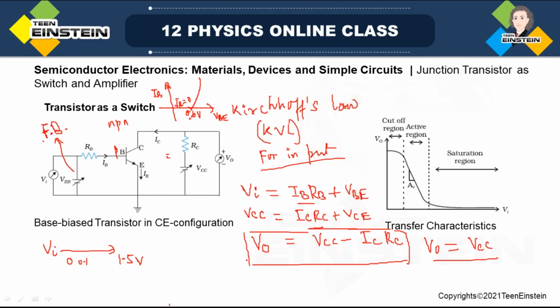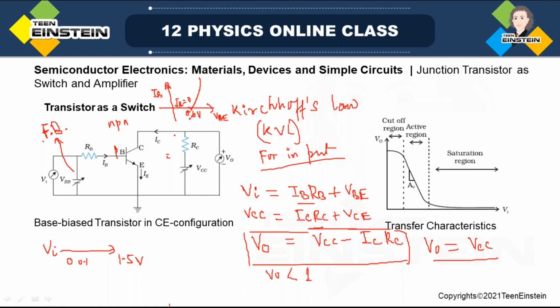We keep increasing the input voltage until the output goes below 1.